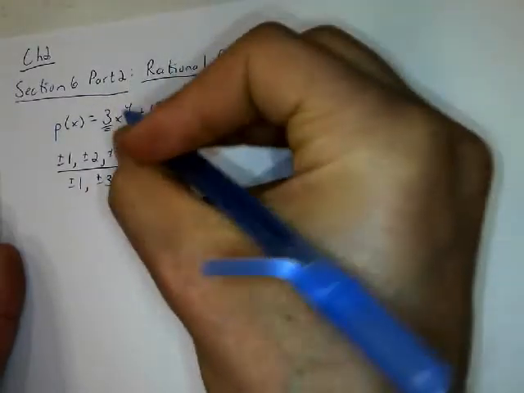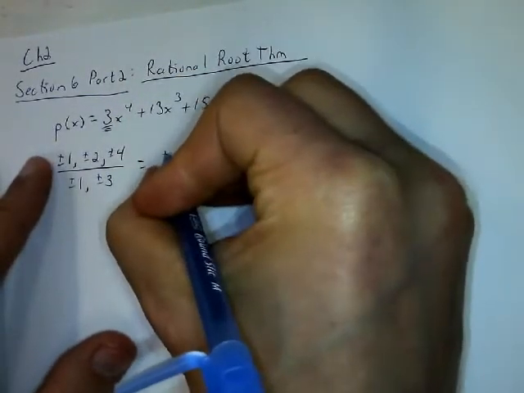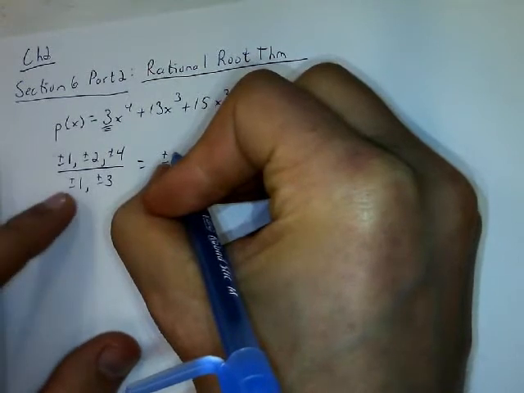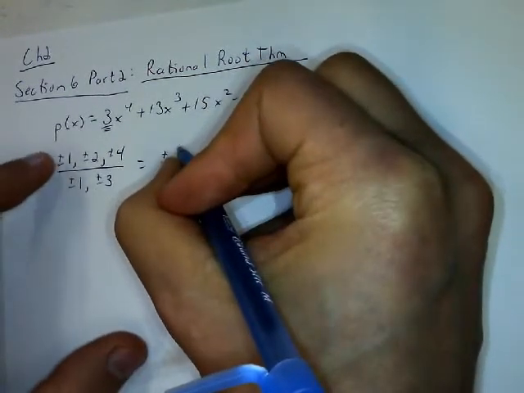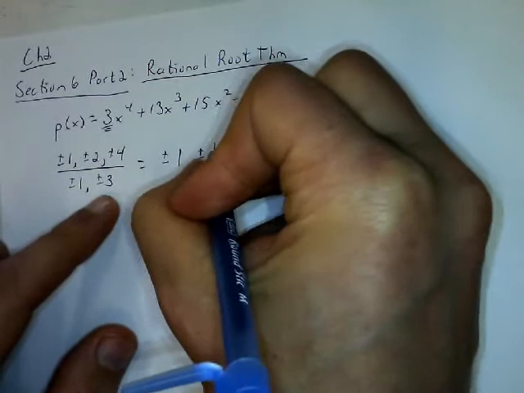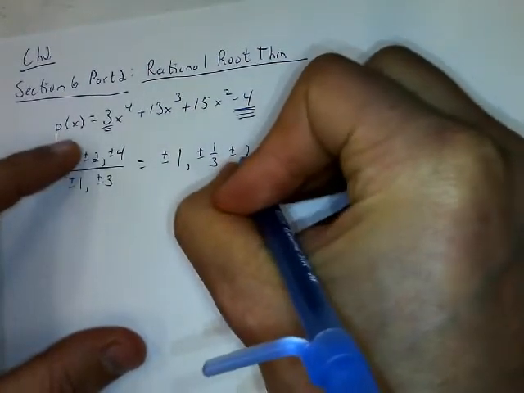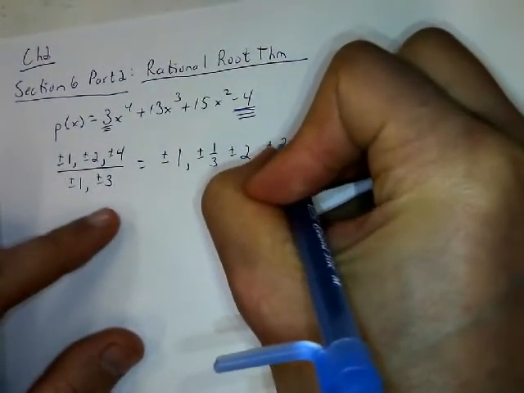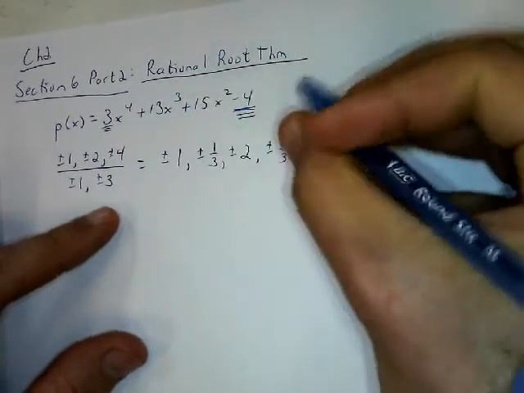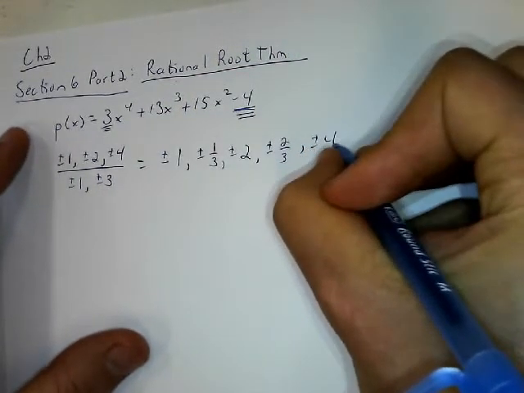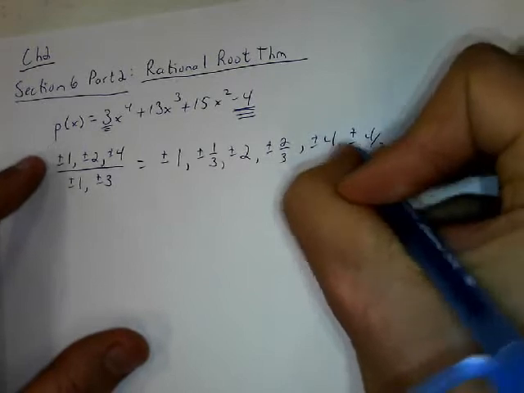So we have all these possible combinations. Plus or minus 1 divided by 1 is 1. 1 divided by 3 is 1/3. Plus or minus 2, plus or minus 2/3. So I'm finding all the different combinations of these numbers. Plus or minus 4, and plus or minus 4/3.